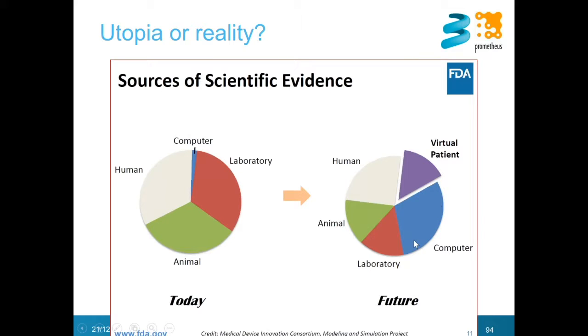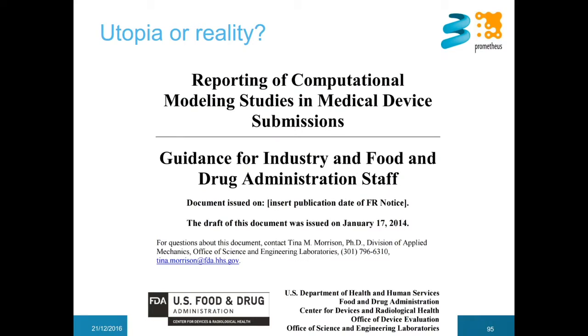But the prediction of this MDIC consortium is actually that almost half will in the future be coming from the models and computer simulations. FDA has issued guidelines, so if you want to include in silico in your preclinical dossier, they have now explained what they want to see from your model, at least for the medical devices already.